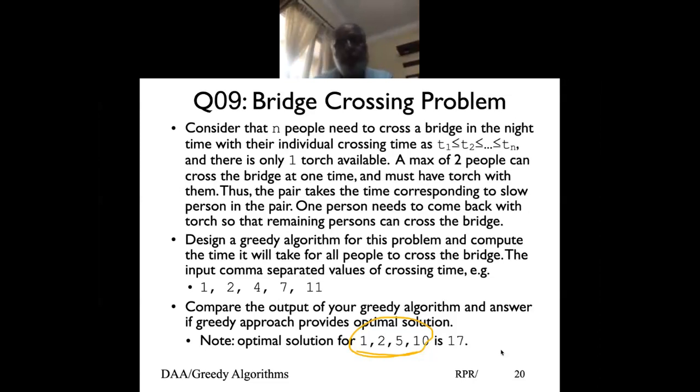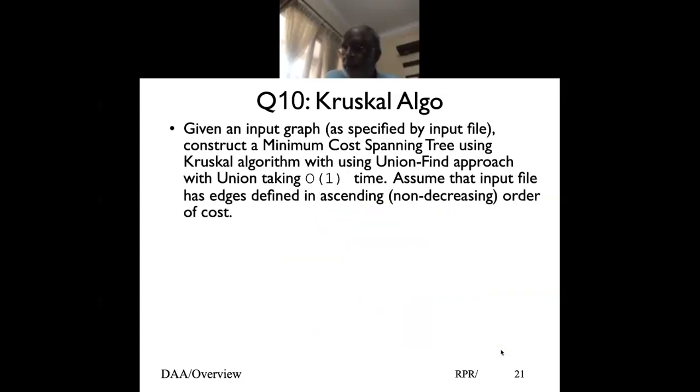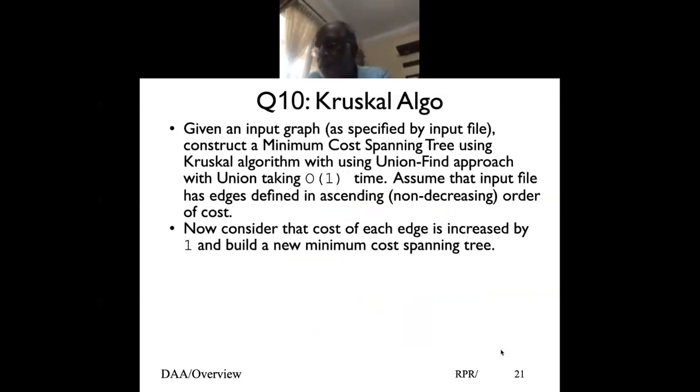Yes, sir. Okay. Let me move to the next problem, which is Kruskal's algorithm. Given the input graph, build a tree where you make sure union takes order one time. Implement this, and now increase each edge cost by one. Build a minimum cost spanning tree, and your job is to see whether you get the same spanning tree.